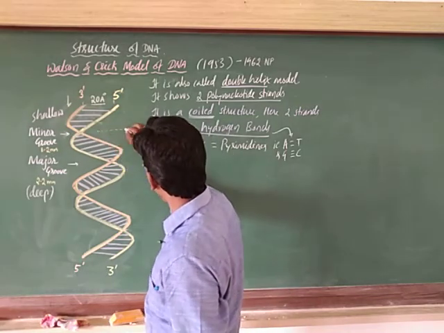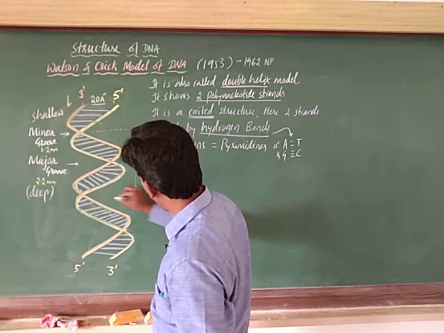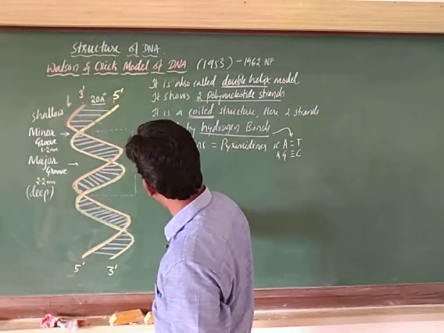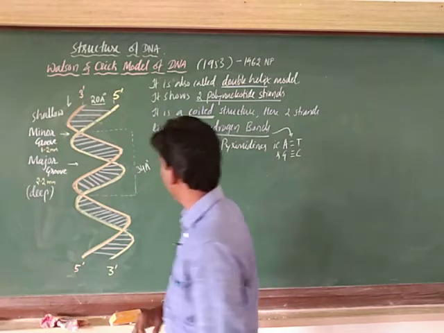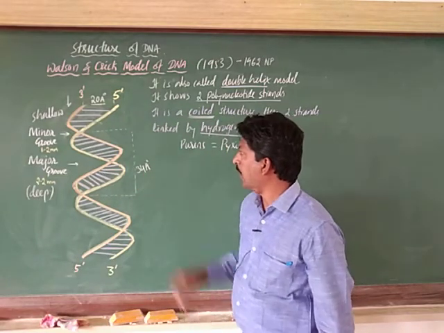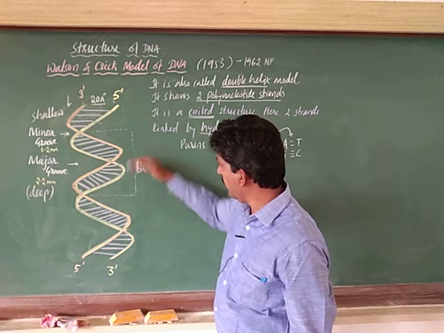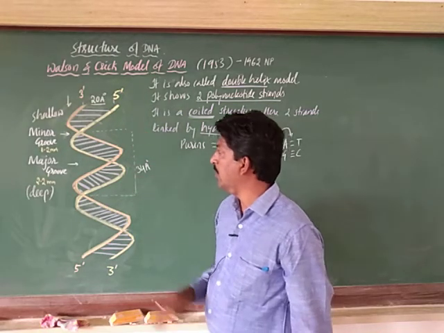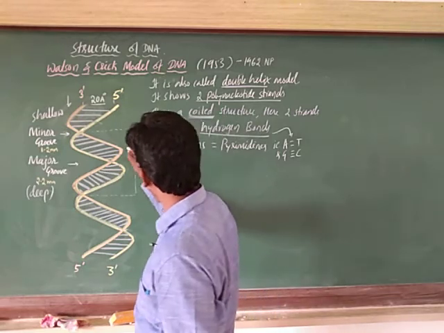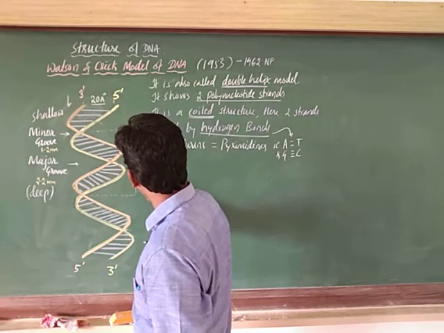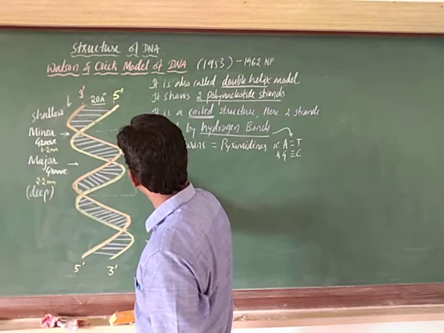This complete turn of the DNA measures about 34 angstrom, and in this much length there are 10 base pairs. So the distance per base pair is 3.4 angstrom.